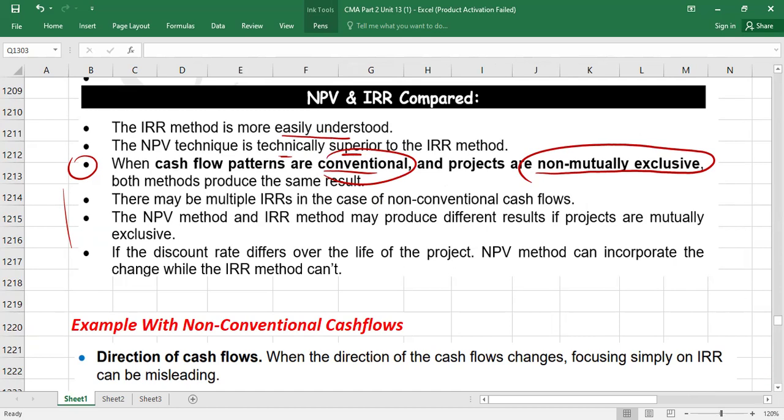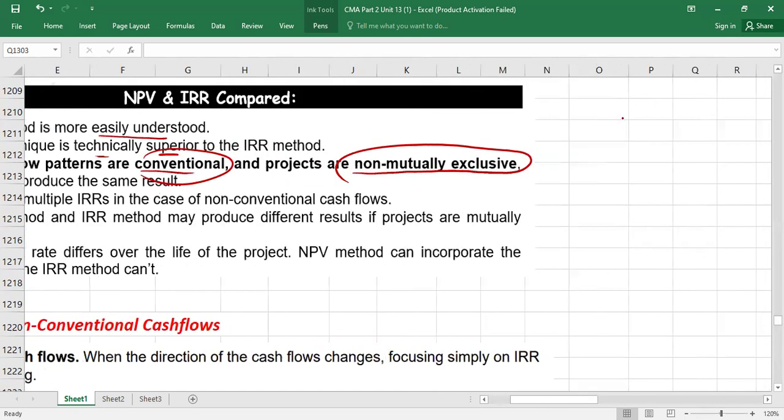What is mutually exclusive? Understand the word. Mutually exclusive means, for example, you are a student and you have two options. You can do CMA or you can do CPA. Let's assume these are two competing degrees. You are one person, so you have to choose one out of these two, and obviously you will choose the best one.